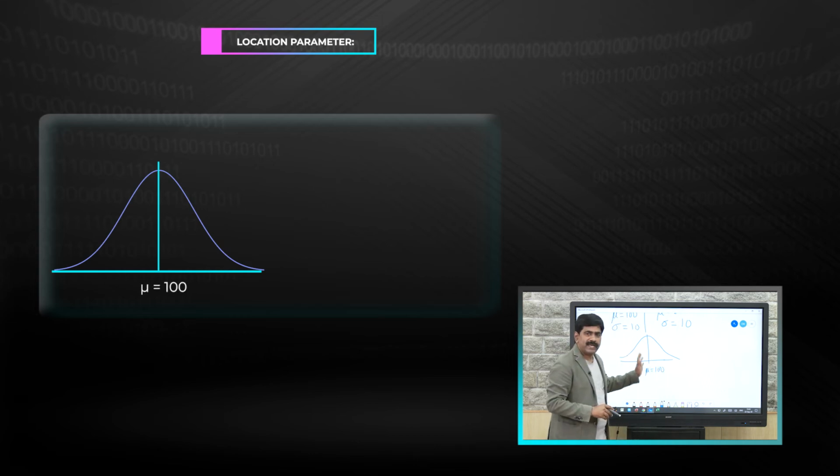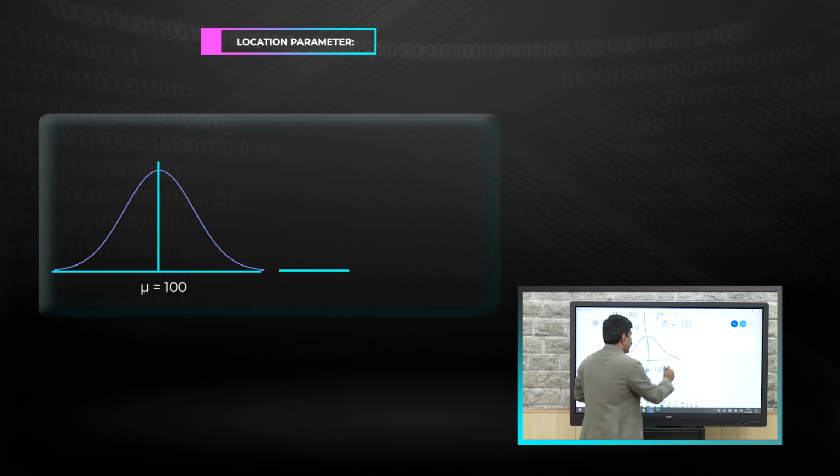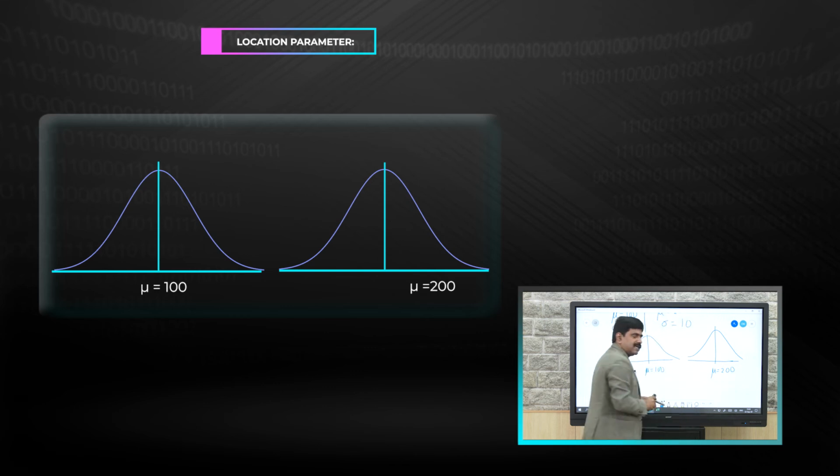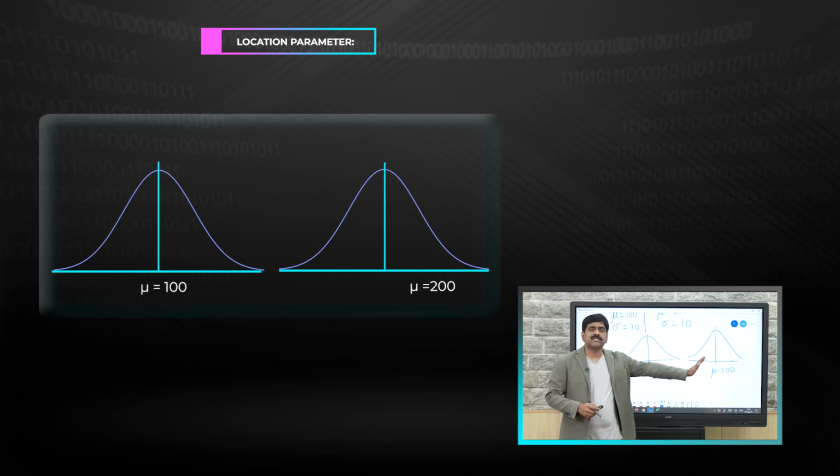The other distribution will be exactly similar, but the only thing is it gets shifted, and we are looking at this value which is 200. So, basically what we are seeing here is that the location parameter locates the probability distribution on the horizontal axis. So, it moves the distribution on the horizontal axis.